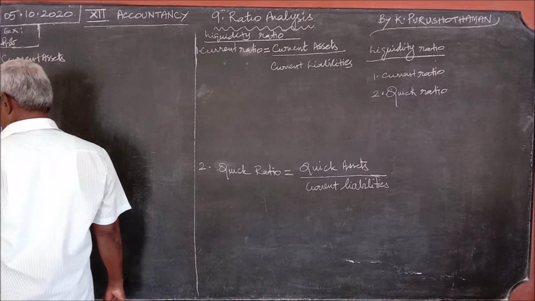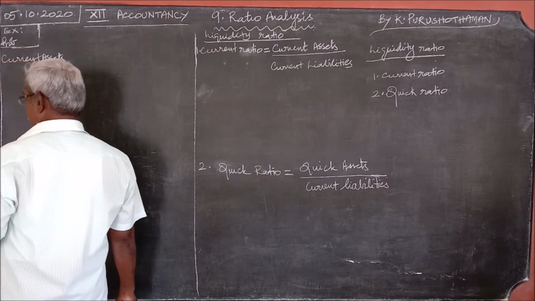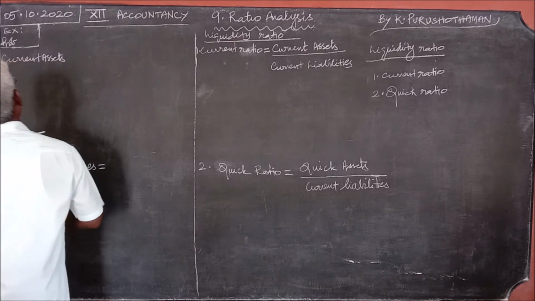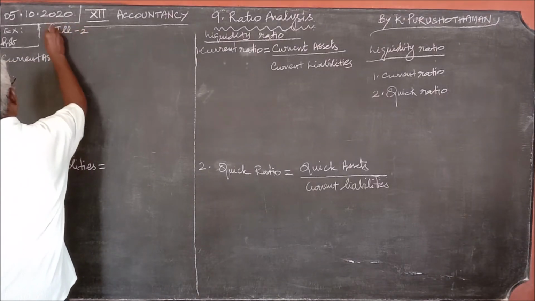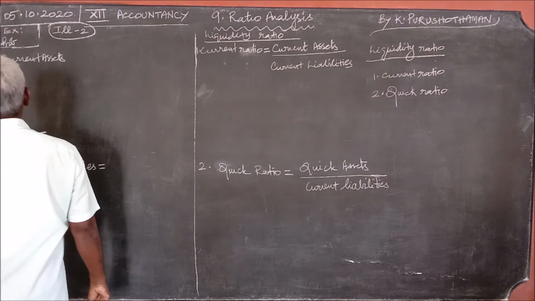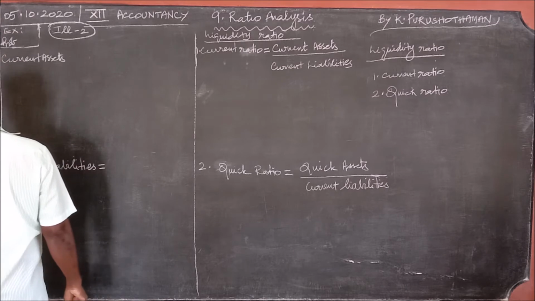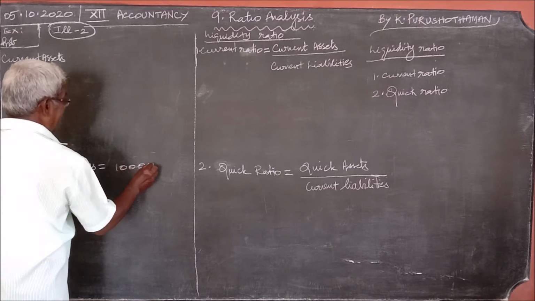So for this, illustration number 2. Illustration 2. We are going to do it now. Here it is the total current liabilities 1 lakh. It is readily given.